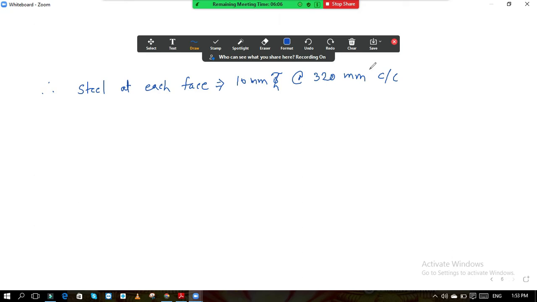So we will provide on each face 10 mm bars at 320 mm center to center. Okay. So now what is the actual area of steel we have provided? If we provide this steel on both the faces, therefore steel at each face, 10 mm bar at 320 mm center to center.